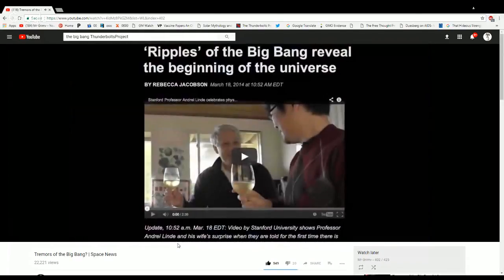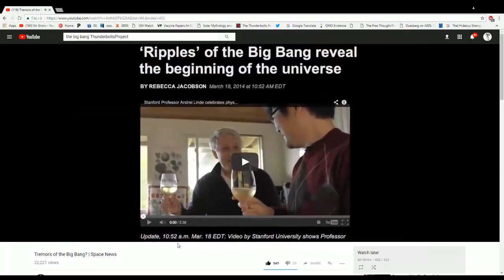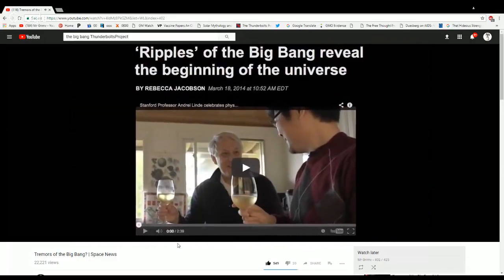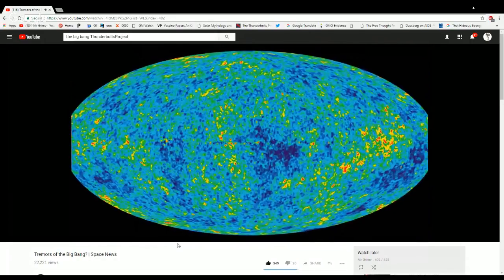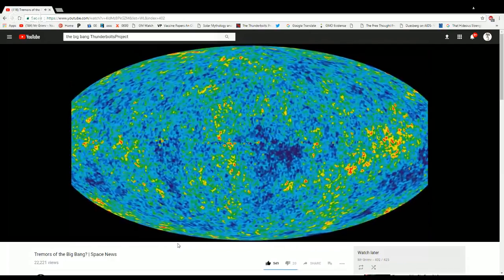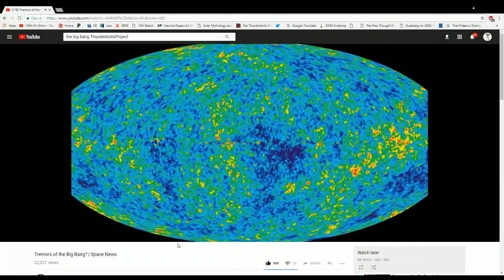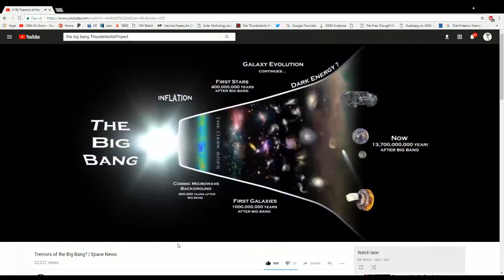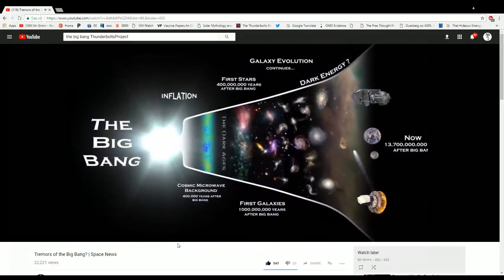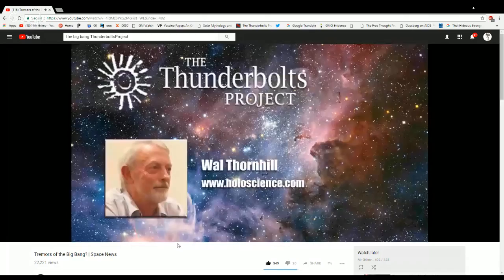The whole thrust of these articles about the ripples in space-time and ripples from the Big Bang are based on the idea that the cosmic microwave background radiation is a result of the Big Bang explosion. But the electric universe has pointed out for many years now that it's a pure assumption that this faint signal, which is way down amongst the noise, is actually anything to do with a background radiation.